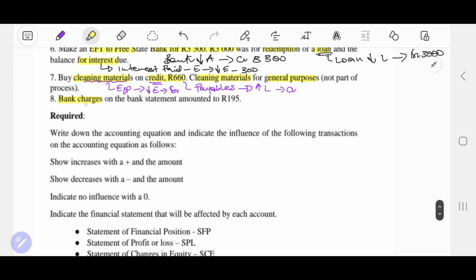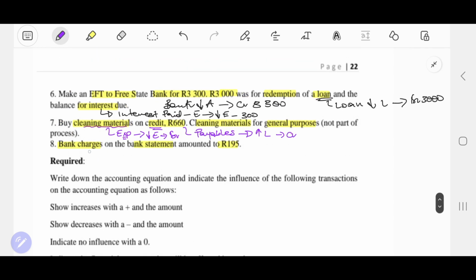Bank charges. It's a charge. It means that it's a cost on the bank statement amounted to 195. So your bank charges that you pay to your bank are an expense. It's a cost to you. So it means that your expenses are going to increase. And remember, an increase in an expense results in a decrease in equity. So expenses result in a decrease in equity.